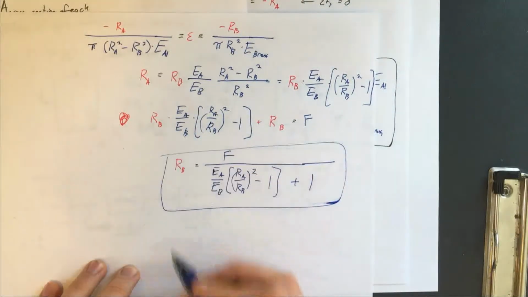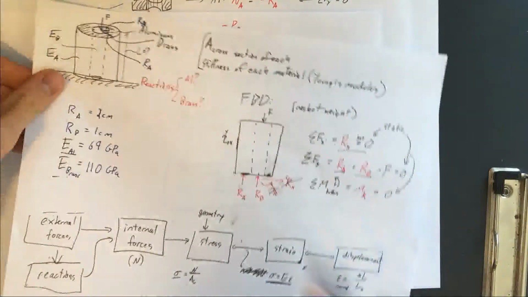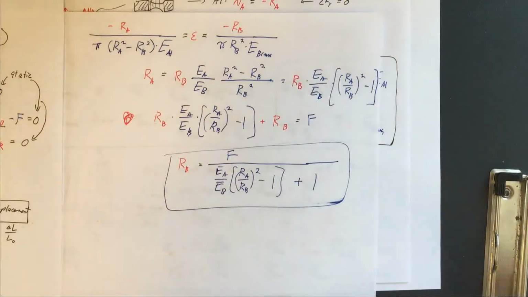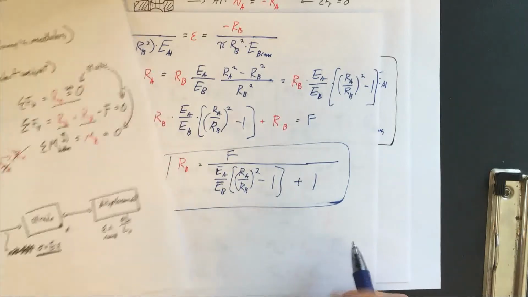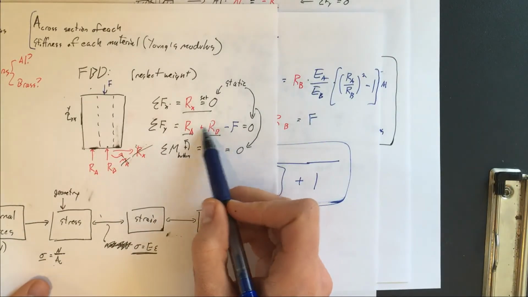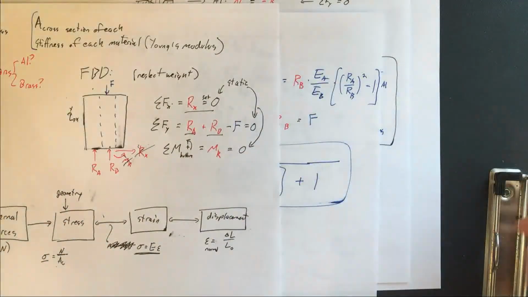We now have RB entirely in terms of knowns. I'll leave it up to you to plug in these values to get it. And then once we have RB entirely in terms of knowns, we could plug that in here and solve for our RA. Woohoo! And then we could pat ourselves on the back for having done such a good job.